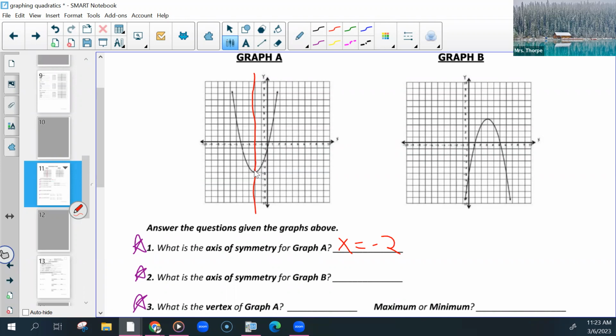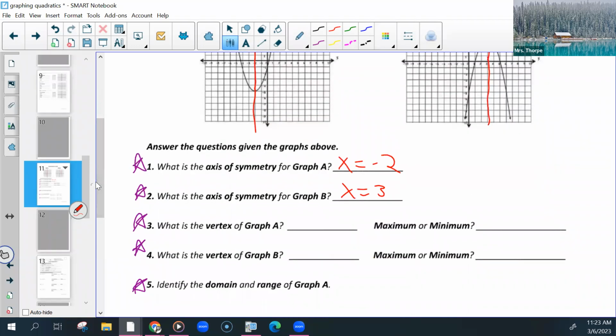What would the axis of symmetry be for B? What is the line that cuts that directly in half? At 3, that cuts it in half, so x equals 3 would be your axis of symmetry.